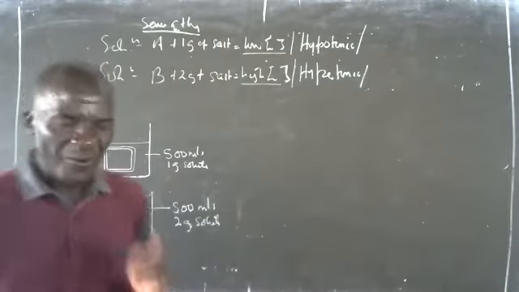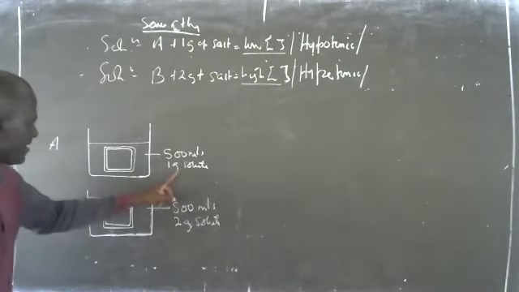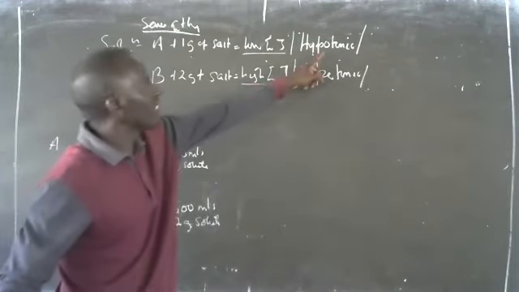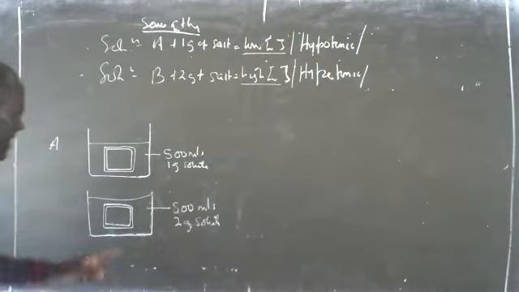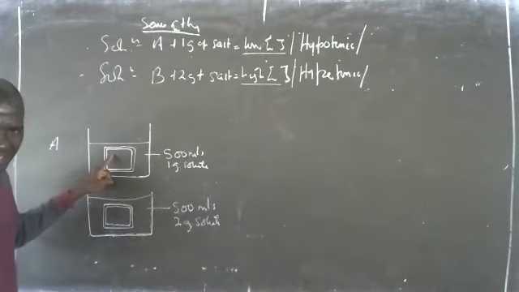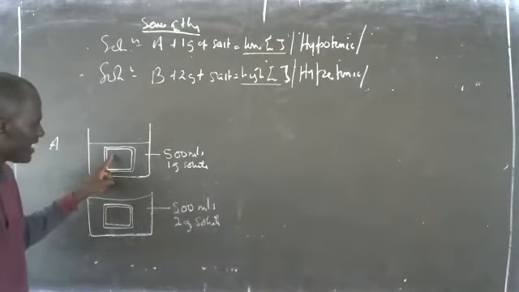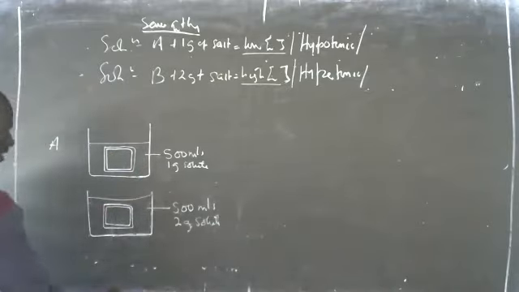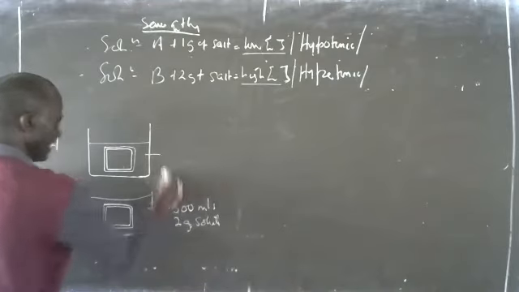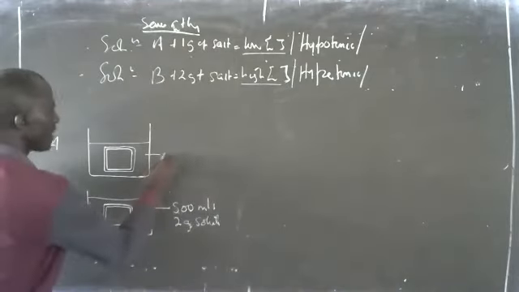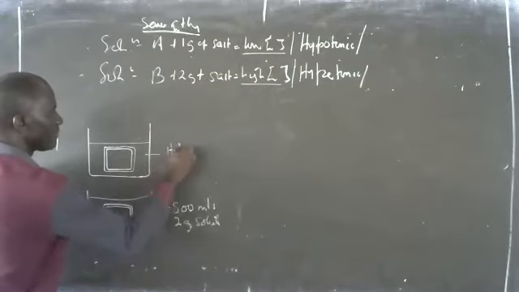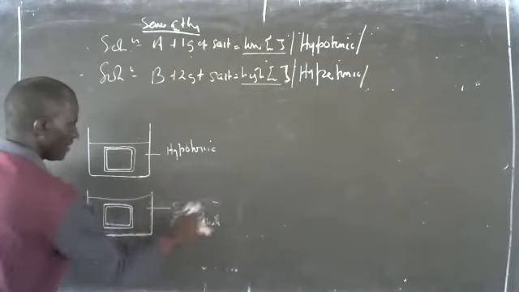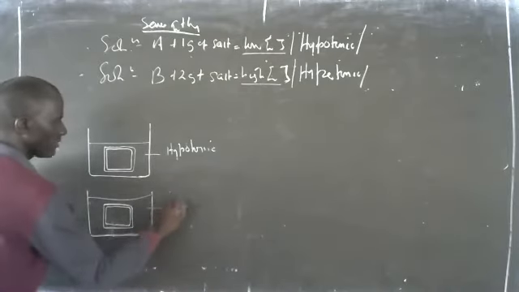That means if I compare this solution A, which I've taken to be hypotonic, to this plant cell, so long as I say that this solution A is hypotonic, and this one is hypertonic.